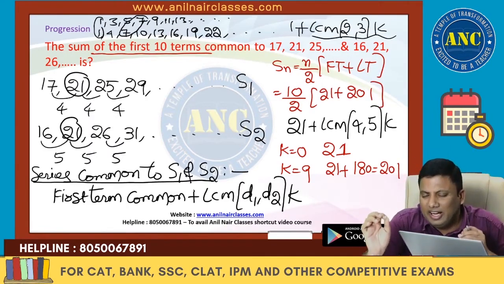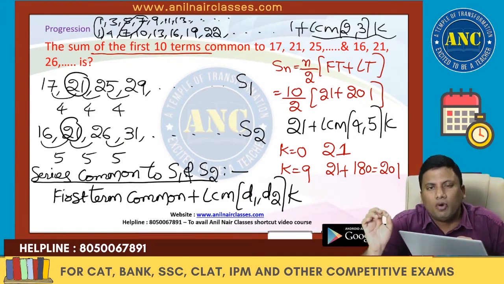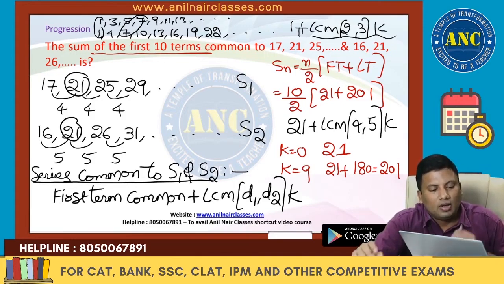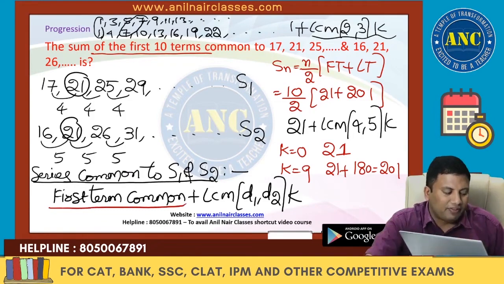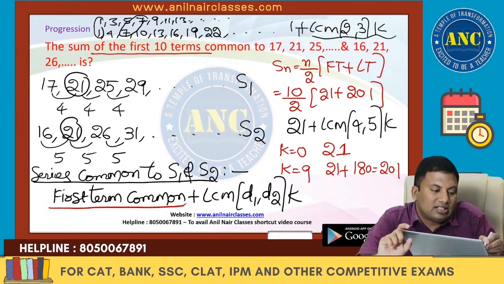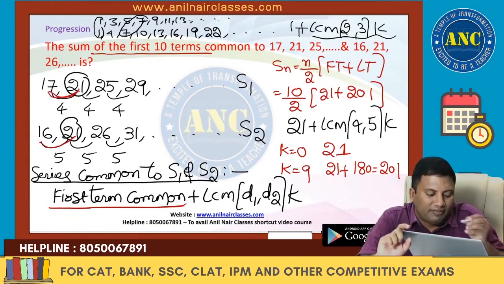This is a very high frequency model that comes in various management examinations. What you need to do is first pick the first term common. Then take the LCM of the common differences. This difference is 4, this difference is 5.